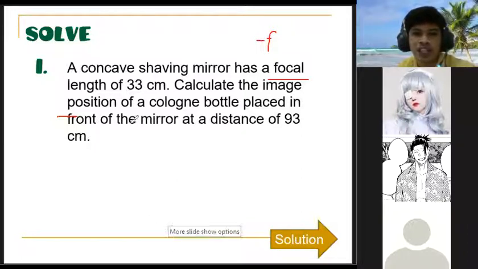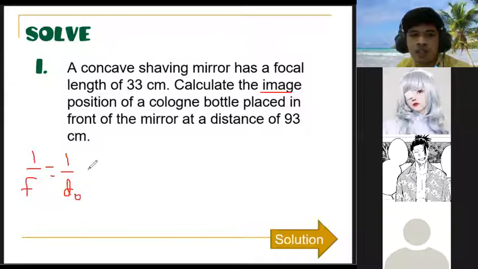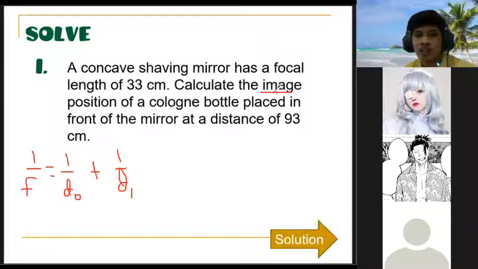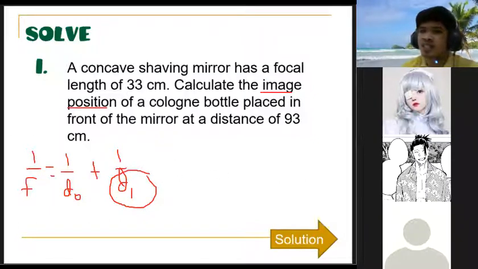For number one, calculate the image position, meaning DI. The formula is 1 over F equals 1 over DO plus 1 over DI. You're going to solve for the image position, DI.